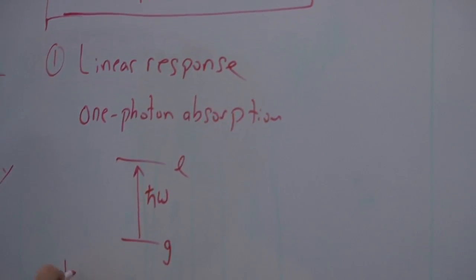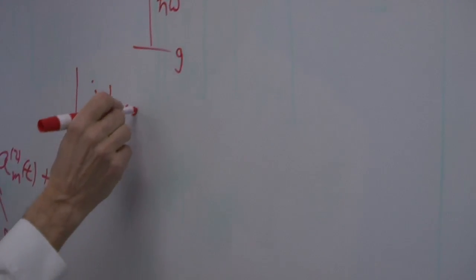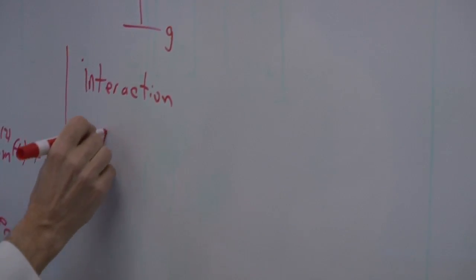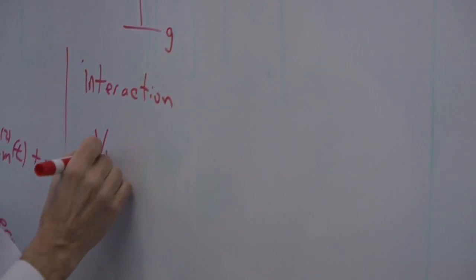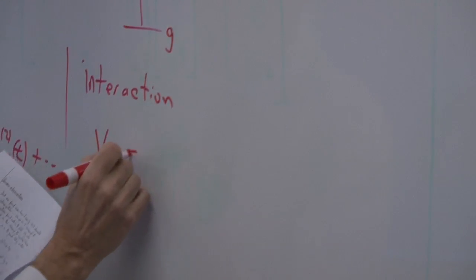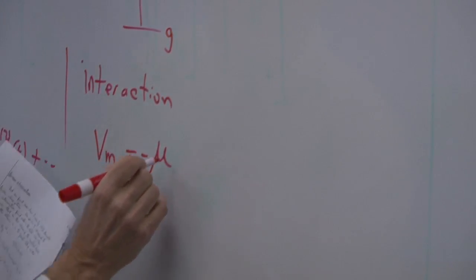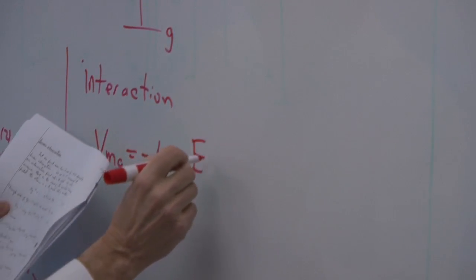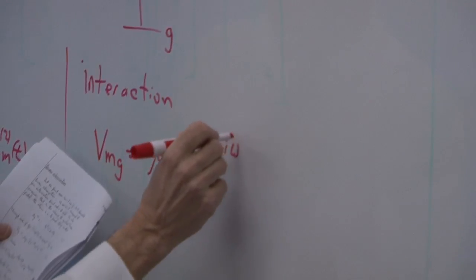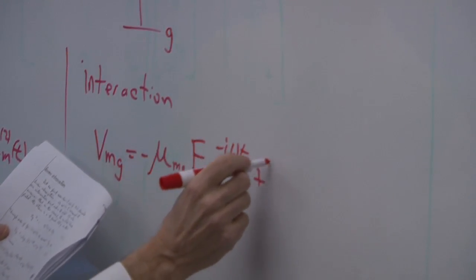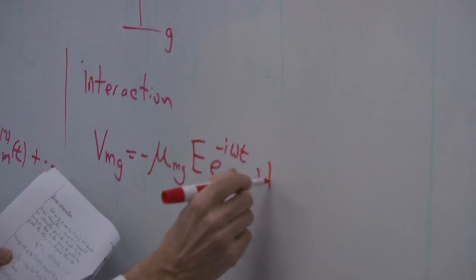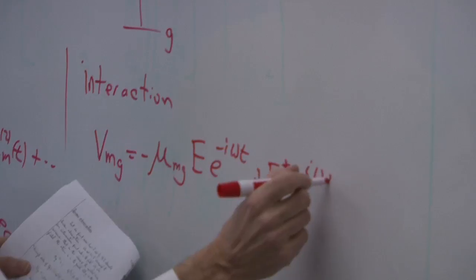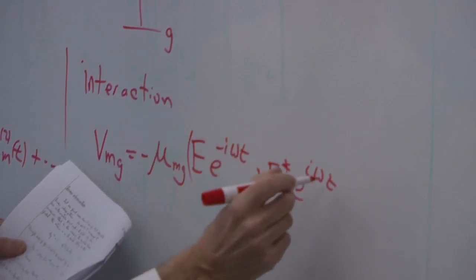We have to specify the nature of the interaction. So let's take V_mg equal to minus mu_mg times e to the minus i omega t plus, I'll write it out, e star e to the plus i omega t.